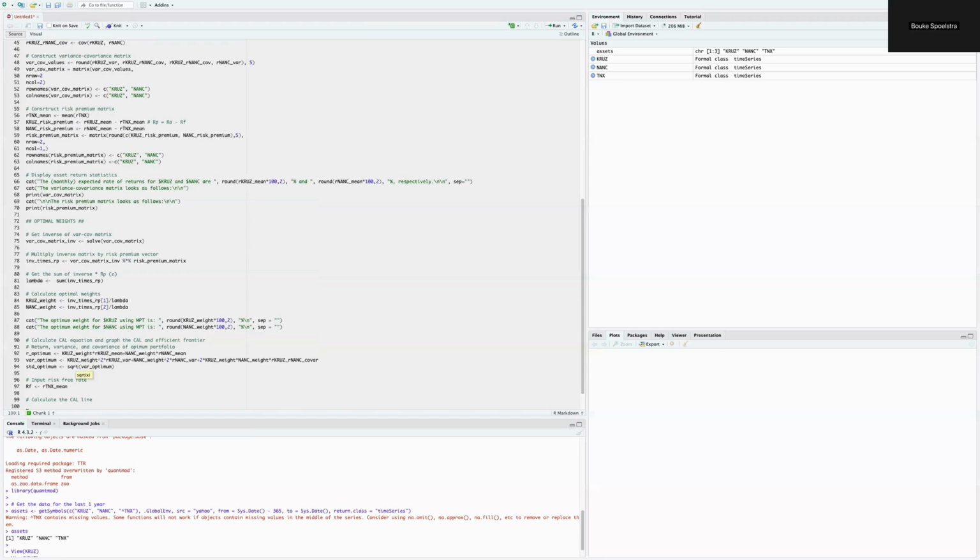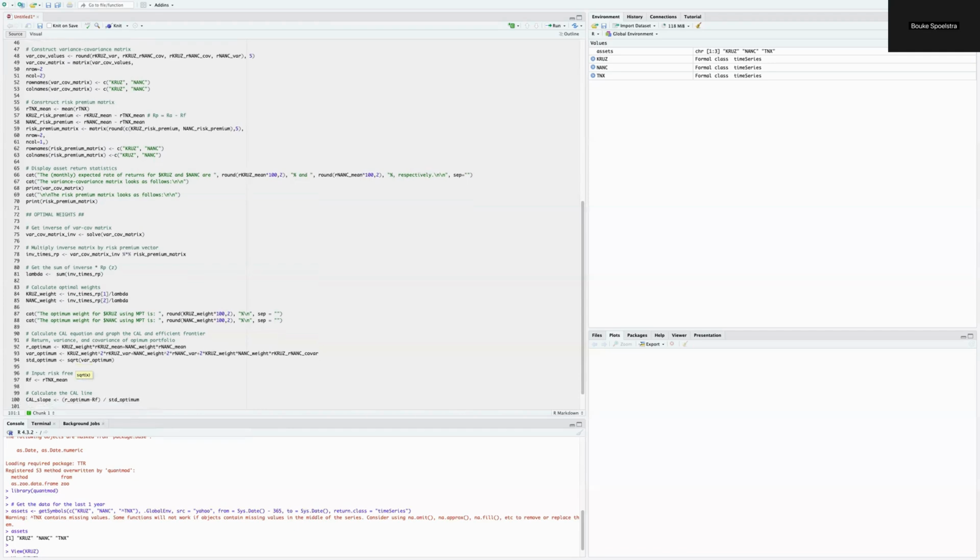Now we'll calculate the capital allocation line. So the slope of that would be the optimum return minus the risk-free rate divided by the standard deviation of the optimum portfolio. That's the equation we talked about earlier.